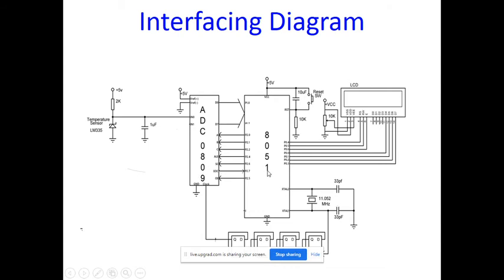Actually our CPU is operating at very high speed with 11.0592 megahertz, and the ADC is a peripheral which needs low frequency, and that's why we are using a divide by n network separately. We are not using a separate clock signal. We are taking the signal from the same crystal frequency. Okay, in this fashion, I have described the interfacing diagram.